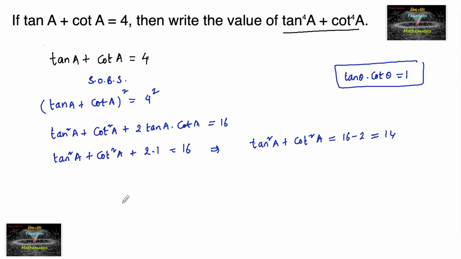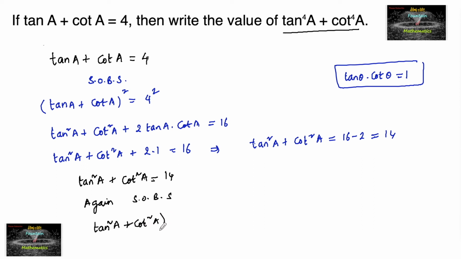So we got it, tan square A plus cot square A is equal to 14. Again squaring on both sides, we will have tan square A plus cot square A whole square is equal to 14 square.